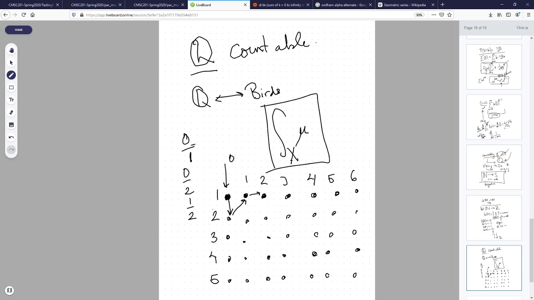Move to here. This will be, let's see, 2 divided by 2, which is 1. And then you move to here. And what you'll end up seeing is if you do this pattern, it's a diagonal pattern, where you just keep going like this, you will eventually hit any number that you want, any positive rational.